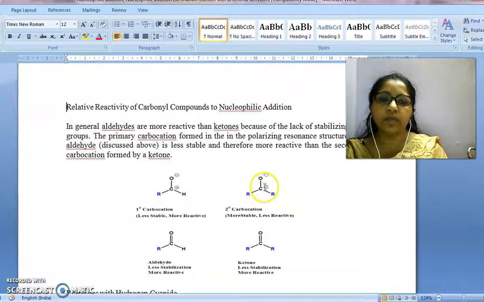Whereas here the carbon with the positive charge has been shaded, or a kind of covering has come because of the plus I effect groups. So therefore the 2-degree carbocation is less reactive or more stable. Similarly aldehyde is more reactive because it is having 1 plus I effect group, whereas ketone is less reactive, more stable because it is having 2 plus I effect groups.